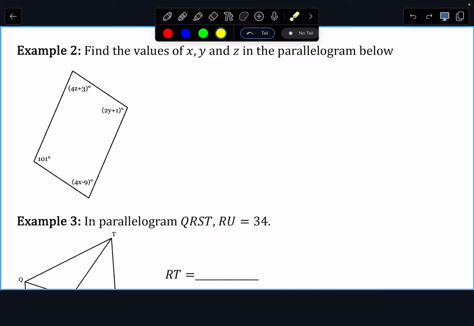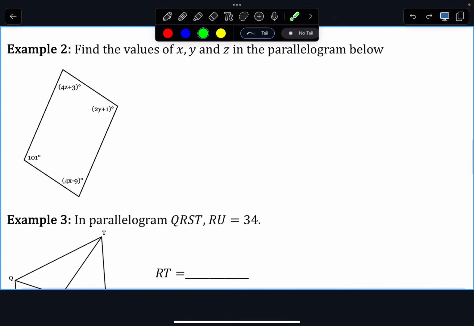Okay. So we know that these two angles right here are supplementary, right? So what I'm going to write is that 4x minus 9 plus 101 equals 180.